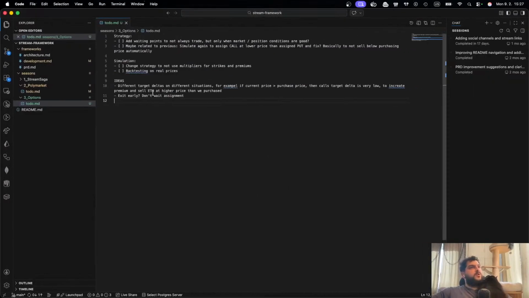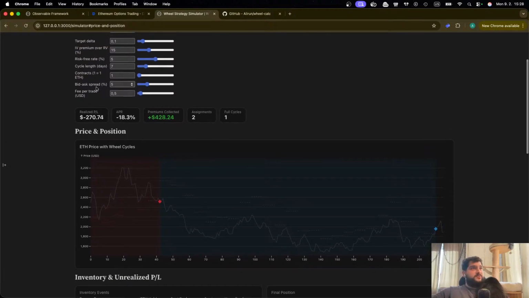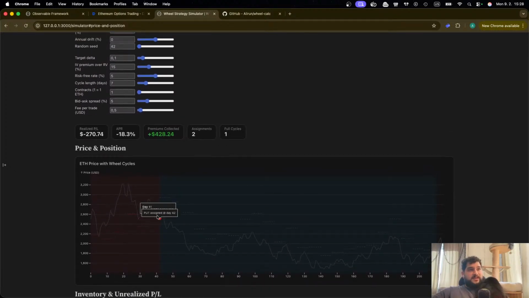Yeah. So I have a couple of ideas here. Let me quickly explain it to you so you're not kept waiting, but it's for later. One of them is to have different target deltas in different situations. We are going to implement this later for sure. For example, now we have a delta of 0.1 everywhere. So we decide the options, puts and calls, and their strike prices are basically the same distance from the current price.